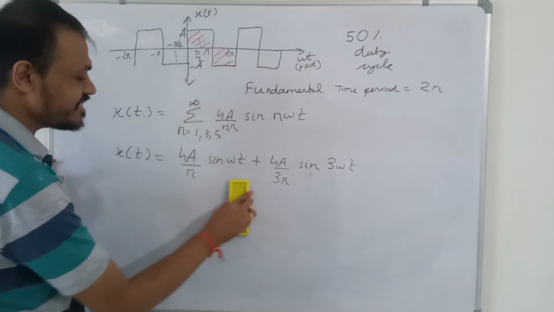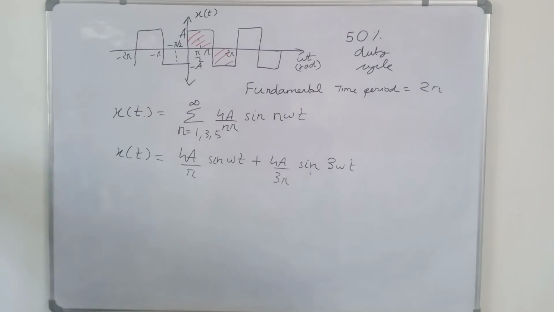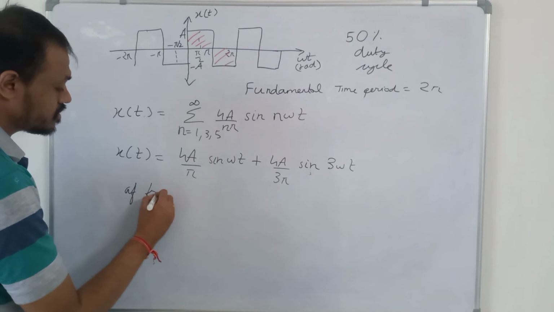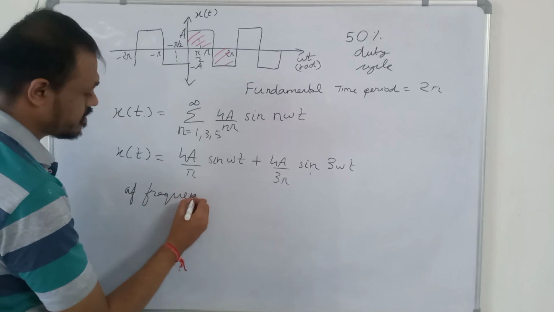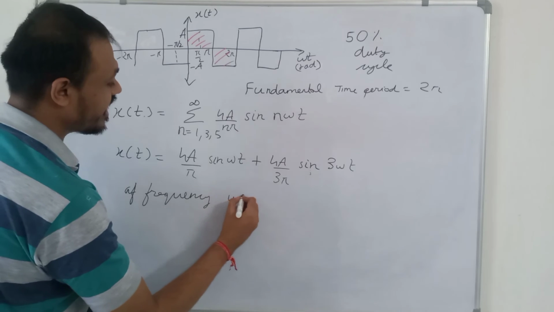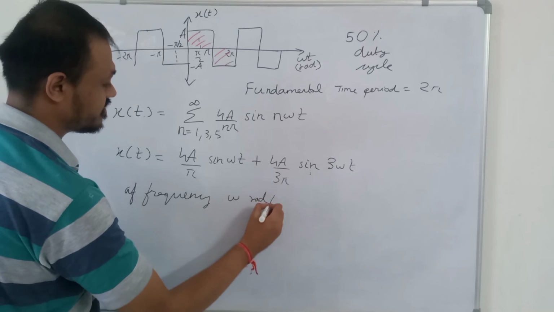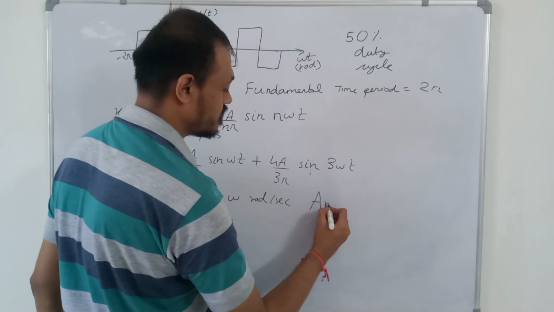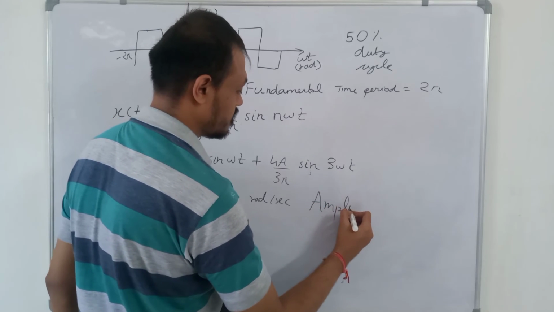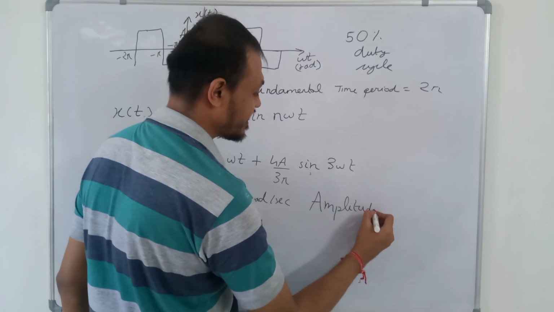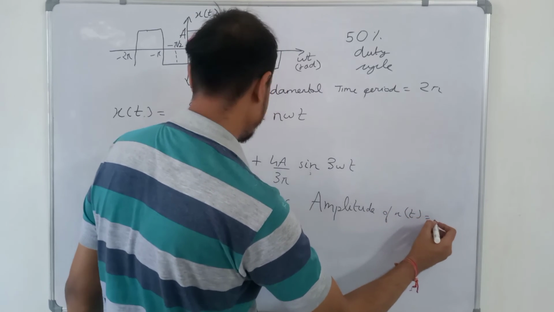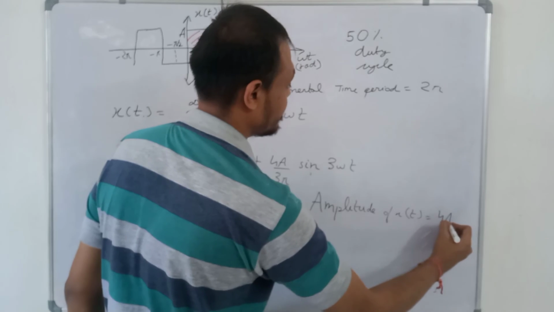So it means that at frequency omega radians per second, the amplitude of x of t is equal to 4a upon pi.